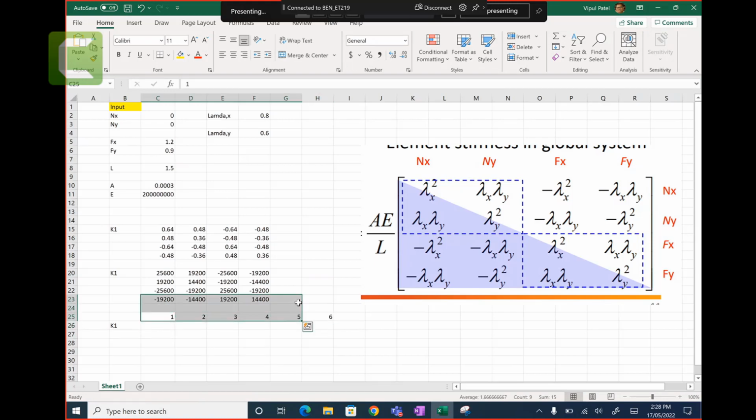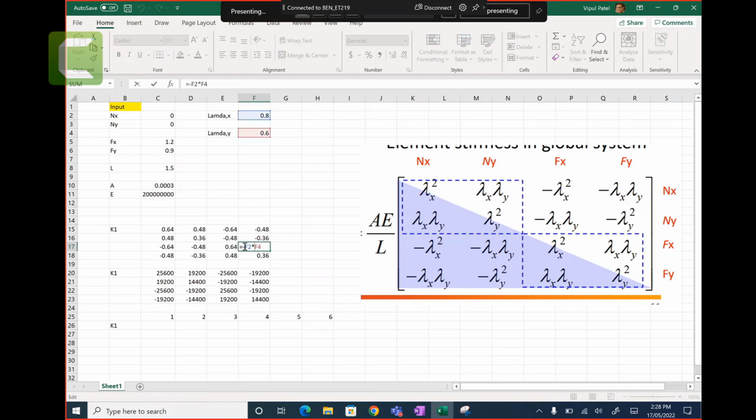Something wrong? Oops, sorry. It should be negative. It should not be negative. Yes, that one there. So we can fix that one, and that's fixed, and that's fixed.